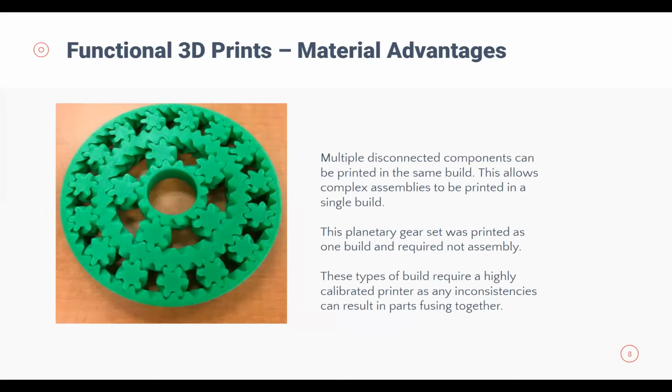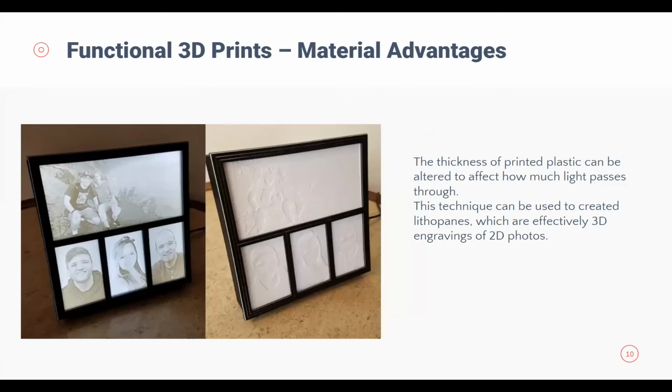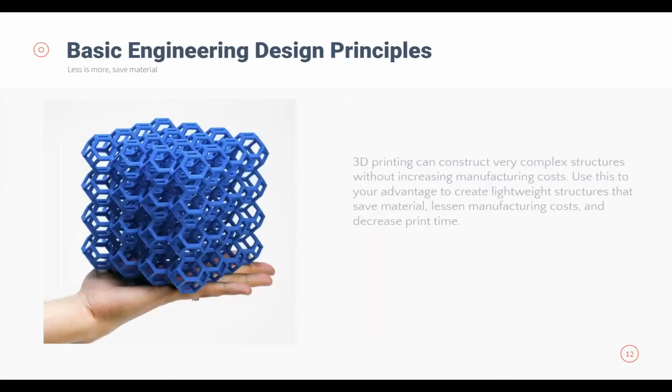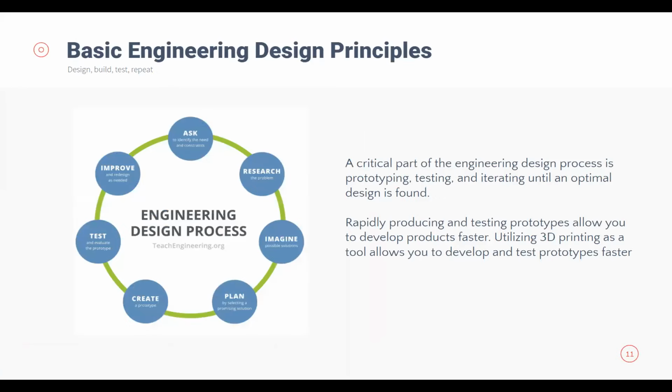We looked at how you can print as an assembly, or print multiple parts together. We also looked at how 3D printing has been used to create some arts, and these slides I think will be shared. Then we looked at the engineering design process yesterday.